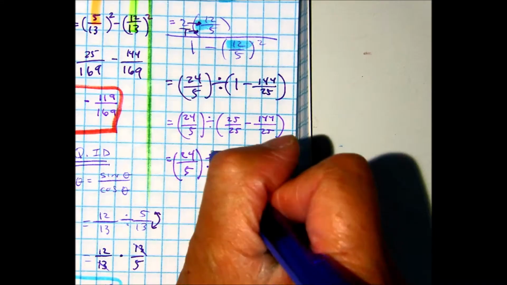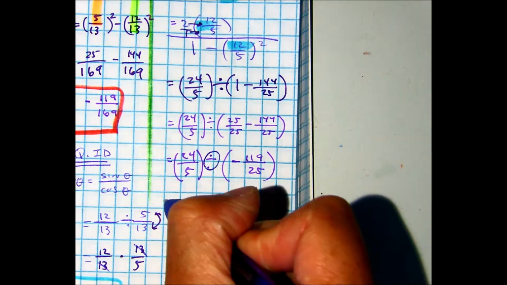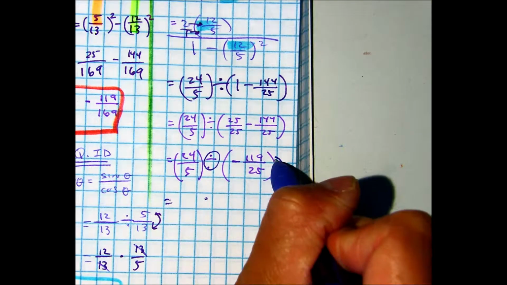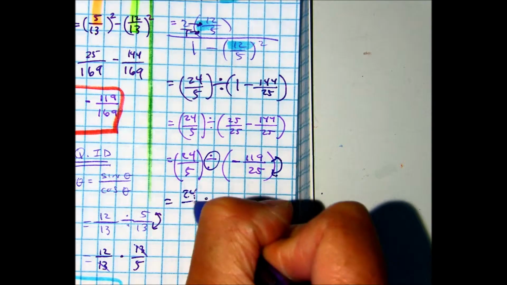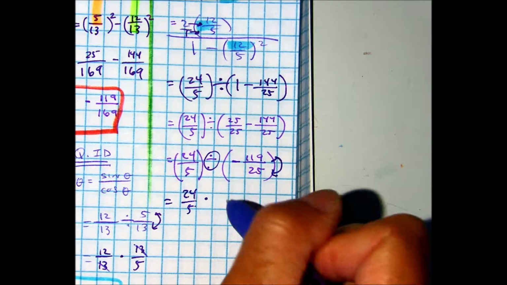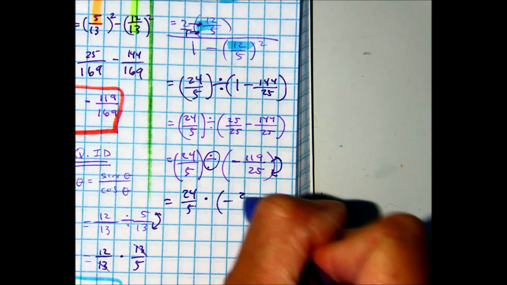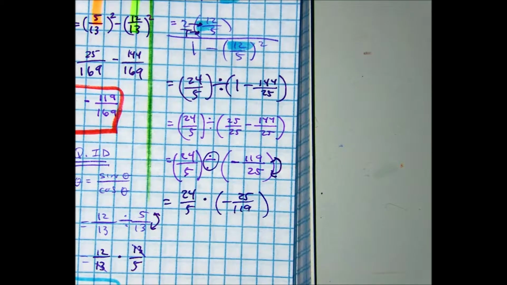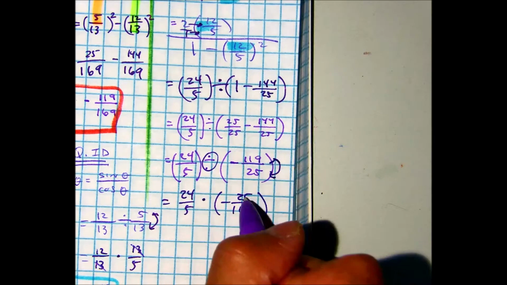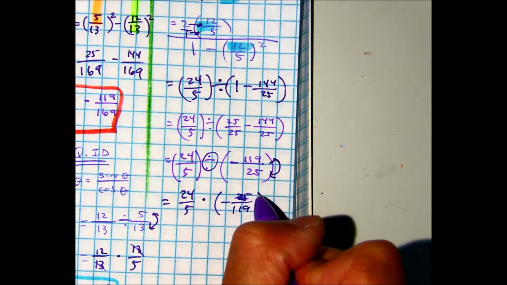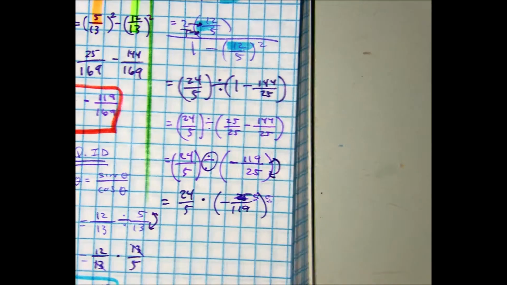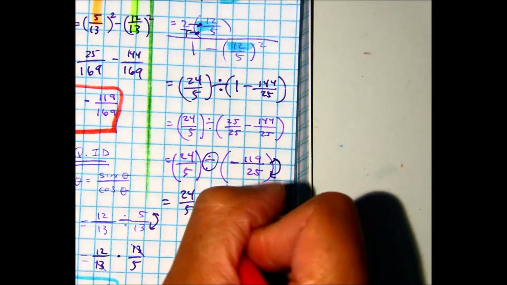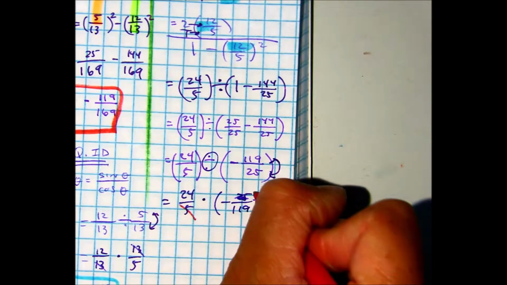This one becomes multiplication, and we take the reciprocal of the second one. 24 over 5 times 25 over negative 119. Remember, 25 is 5 times 5. And then I can cancel my 5s here.